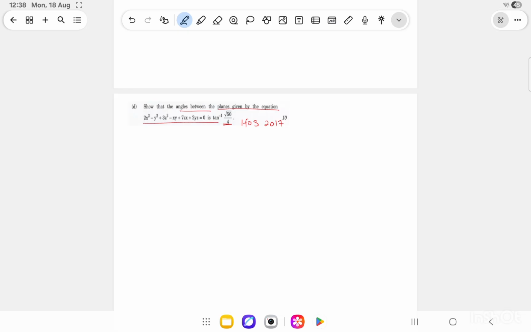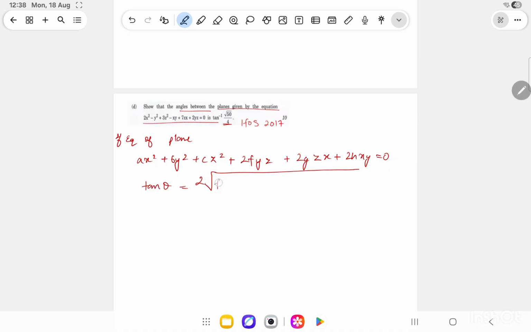So the formula is, if equation of plane is ax square plus by square plus cz square plus 2fyz plus 2gzx plus 2hxy equals to 0, then tan theta equals to 2 under root f square plus g square plus h square minus ab minus bc minus ca, divided by a plus b plus c.